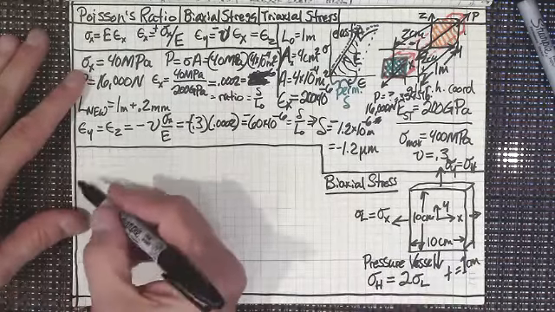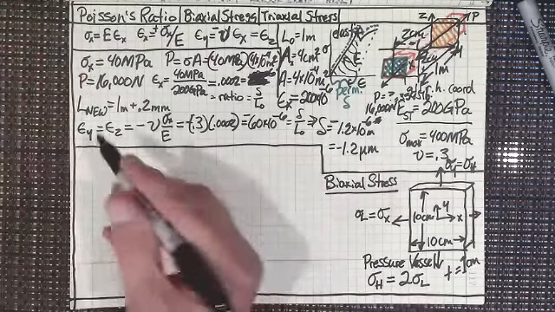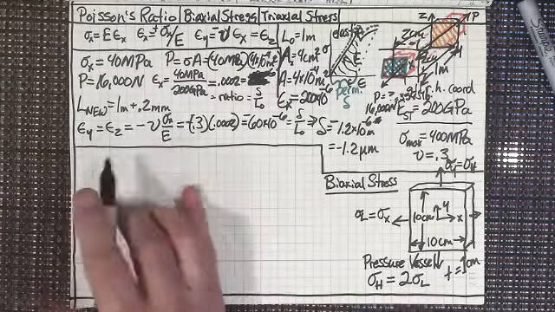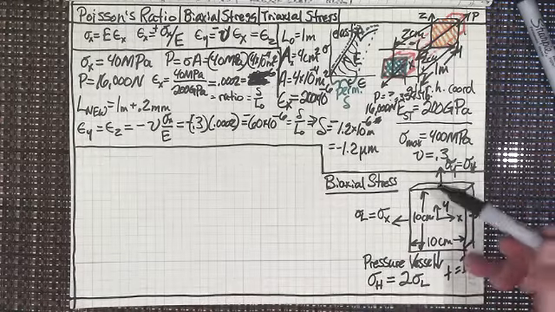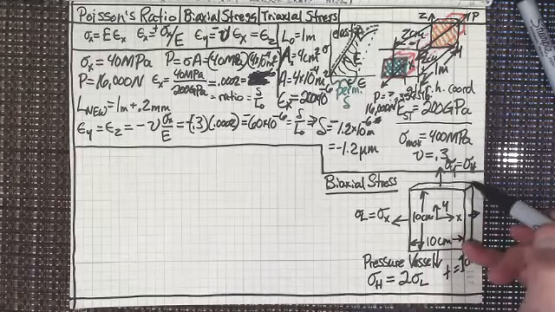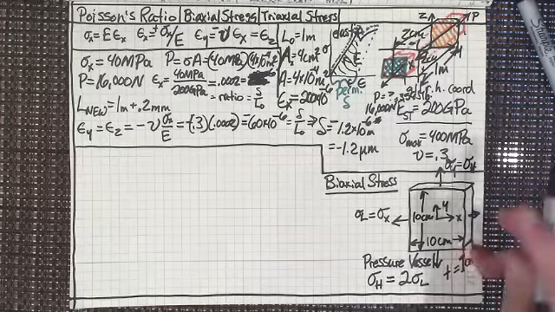So now, all of a sudden, we've got stress in 2 directions. So if I wanted to look at this, so this is making this longer, right? It's making this longer, but it's making this thinner and this thinner.